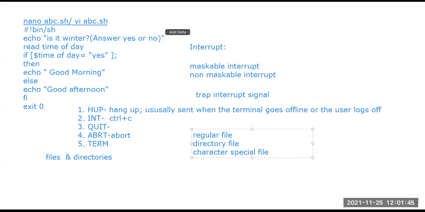Then there is a FIFO file. FIFO is used for IPC, inter-process communication, between processes. There are multiple processes that need to be connected or communicate with each other, and the FIFO helps with that.